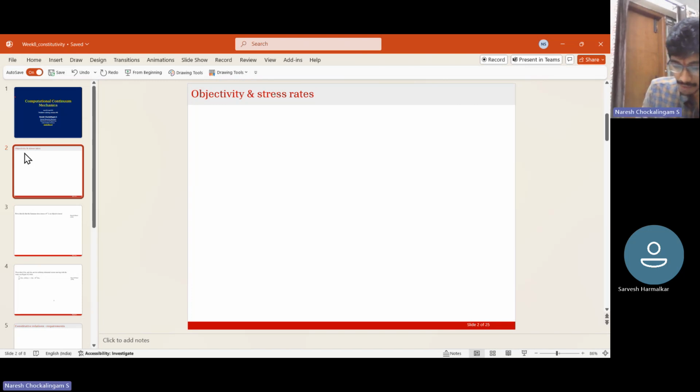So in the last session, we were looking at the requirement of work conjugacy between the stress and strain quantities. We looked at the ideas of stress, the balance laws, and then the principle of virtual work, which is equivalent to the equilibrium equations.